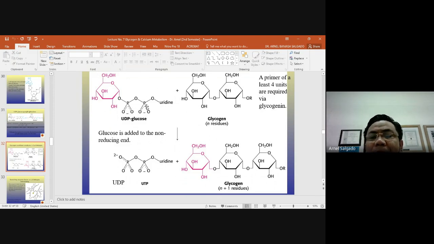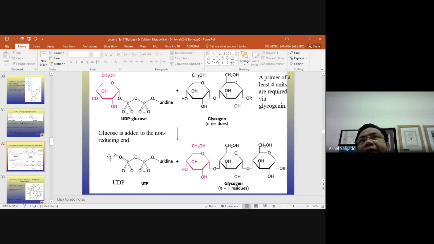We will therefore deposit this either in the liver or in the muscles so that we can dispose of the excess. So this will be stored in the liver and in the muscles. The UDP and UTP plus glycogen, we produce excess glycogen residues that will be deposited in 2 places. This is what I was telling you in class all the time.